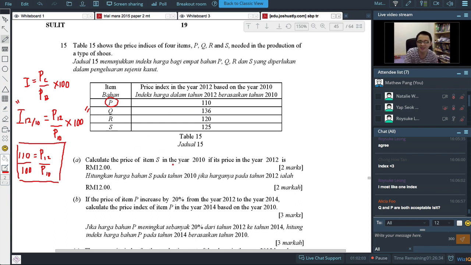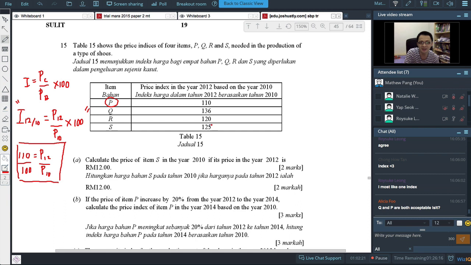So if you understand this, let's move on to A. They ask you to calculate the price of the item S in 2010 if the price for 2012 is 12 ringgit. If you use my method, you will find everything is very easy.